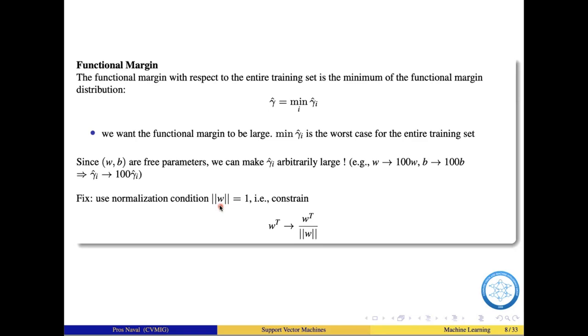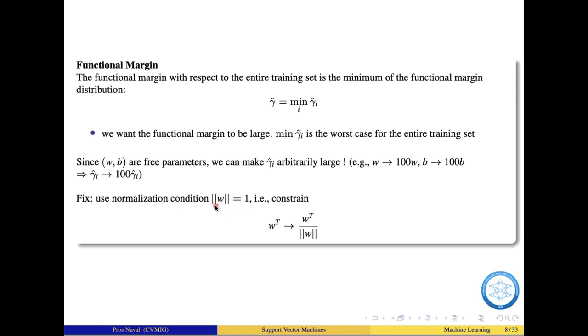Okay, so that is, we constrain the weight vector so that W transpose becomes now W transpose over its norm. In this way, if we impose the condition, then we basically constrain our W to be on the unit ball, this is a circle, right?